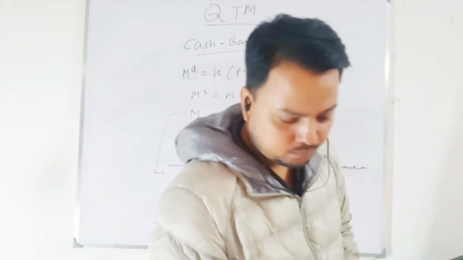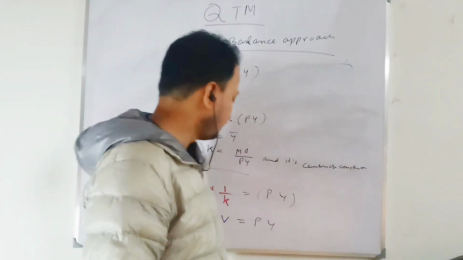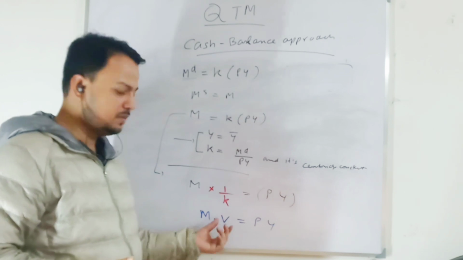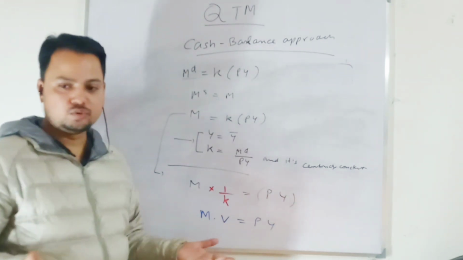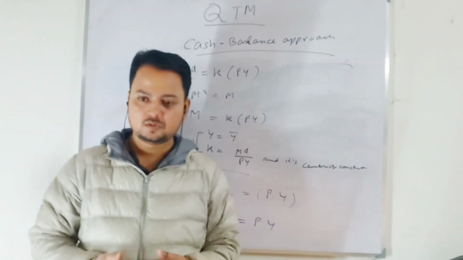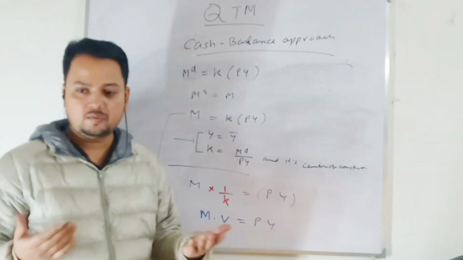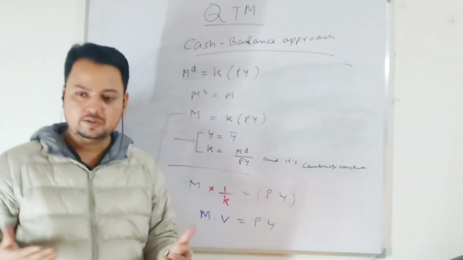Okay. Apart from this, let me compare both theories side by side. In the velocity formulation, this V is mechanical. Why? If we consider the implicit demand for money, it is given by institutional factors, they are saying, right? So this is a kind of mechanical formula. What is this quantity of money, whether it is demand for money or supply of money? When we look at this form, it's not clear, right?